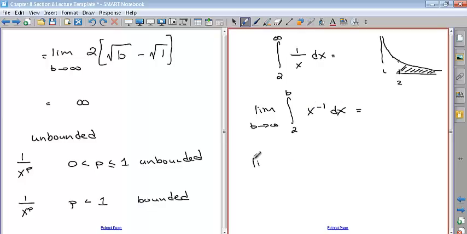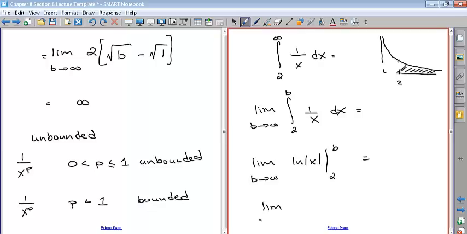Okay, write our limit down. We're going to do the integration, so you get x. Actually, I didn't want to do that. That's the one case we don't use the power rule. So what we get is the integral of 1 over x dx is the natural log of the absolute value of x. And we're going to evaluate that between 2 and b.